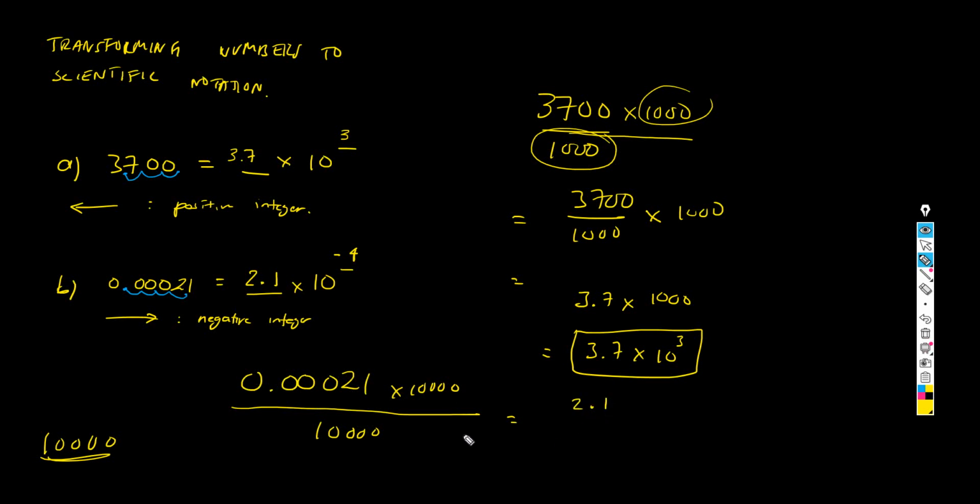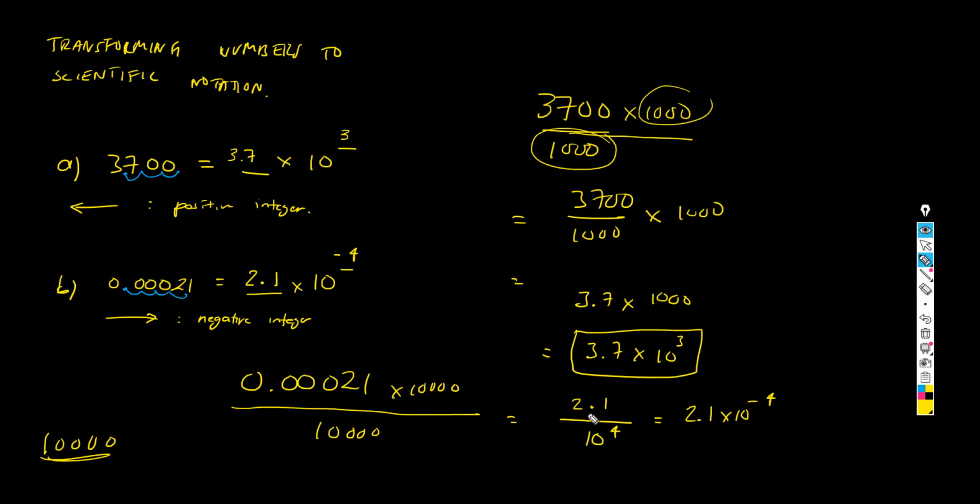I'm going to come up with 2.1 over 10,000. If I resort to the exponential form, 10,000 is written as 10 to the 4, so 2.1 over 10 to the 4, which is equal to 2.1 times 10 to the minus 4. Why?